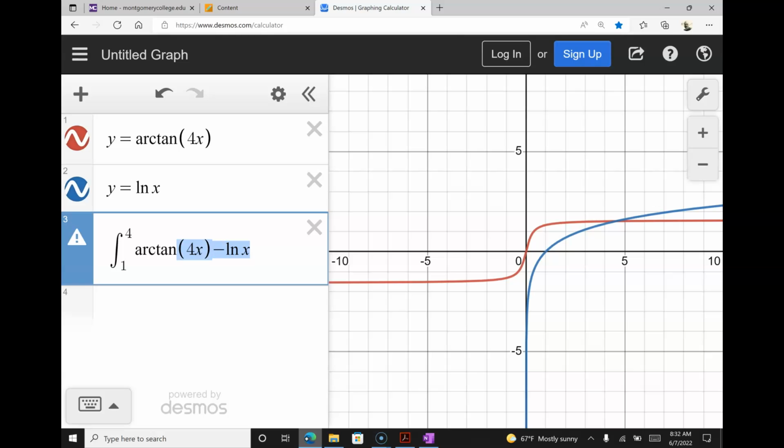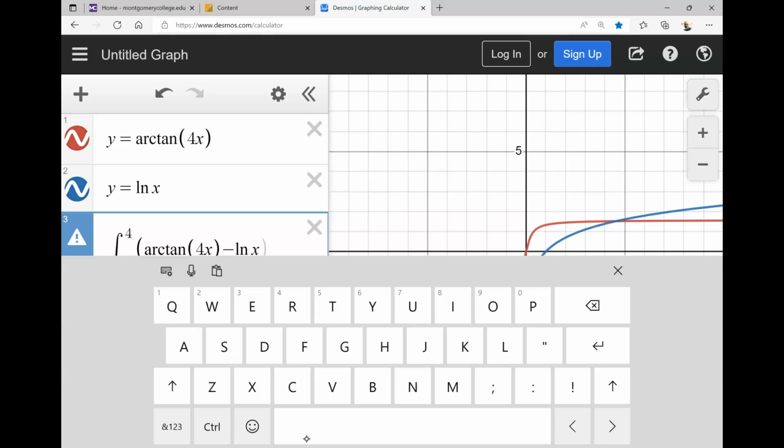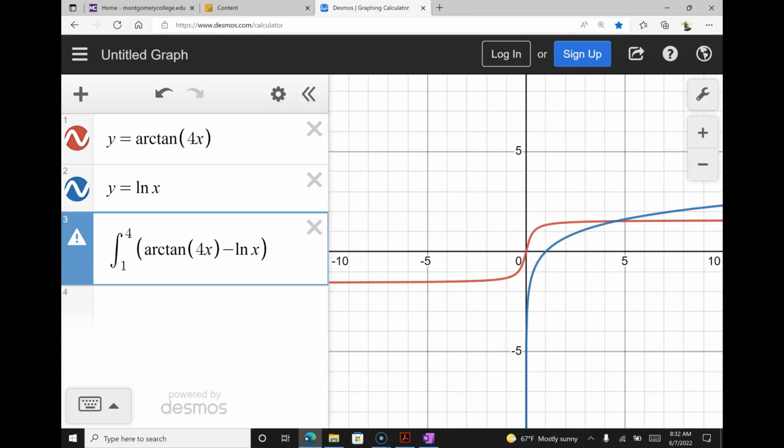I should wrap all of that. This is just a technicality, but anytime it's multi-term, I want to make sure I'm wrapping all of it because it's got to be associated with the operator dx, right? The integral and the dx are telling me to get the area.